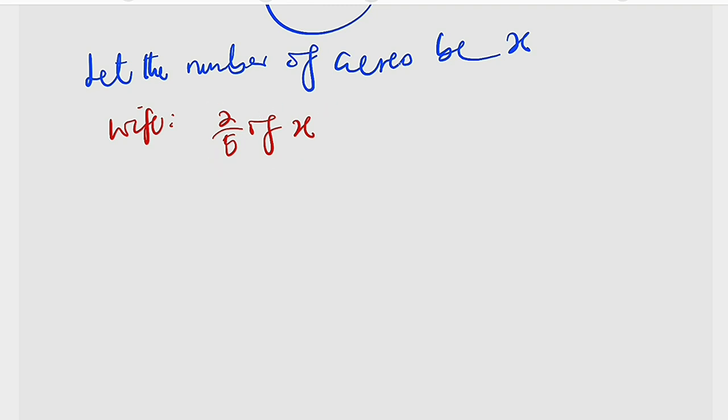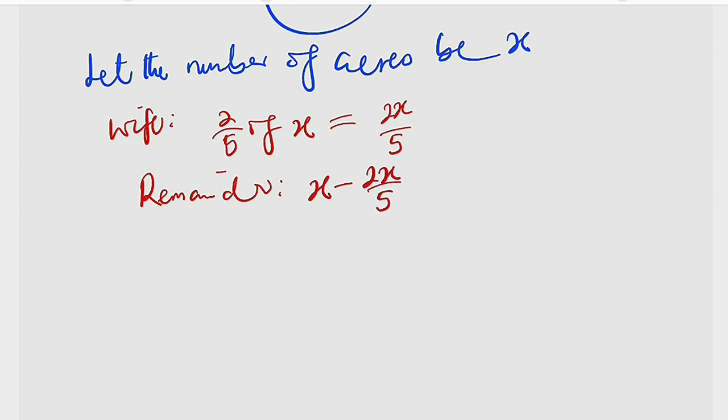Once you multiply 2/5 by x, this will give us 2x divided by 5. Then we need to find the remainder. The remainder will be x, which is the total, minus the wife's share, which is 2x divided by 5. 5 times x is 5x, minus 2x is 3x. So this is 3x divided by 5. So this is what is left.